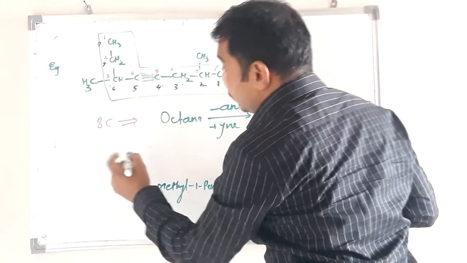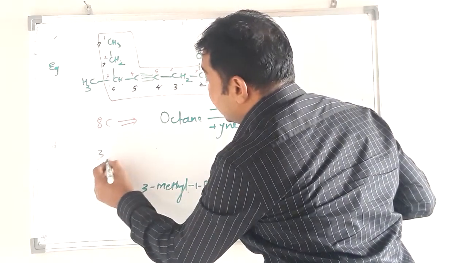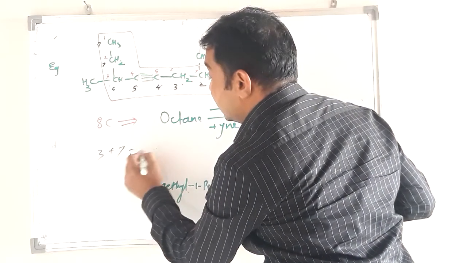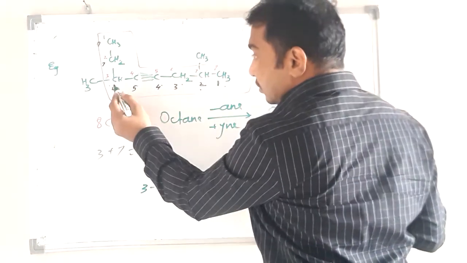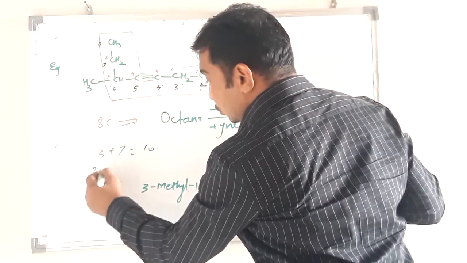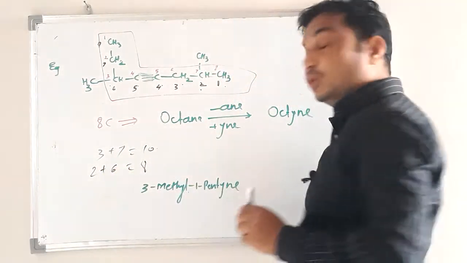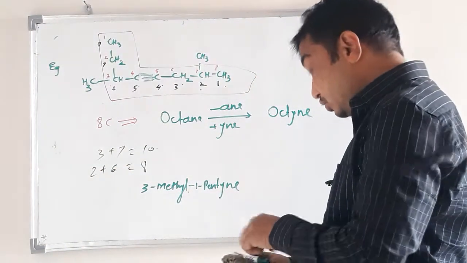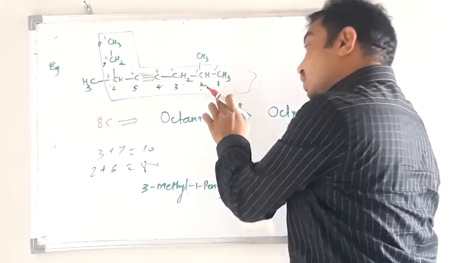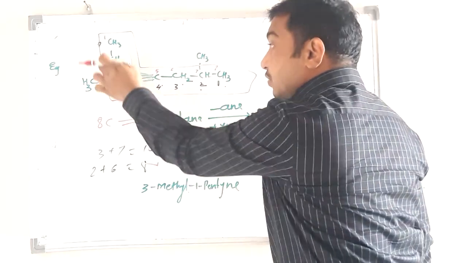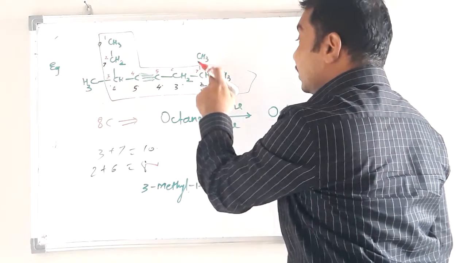From one side the substituents get 3 and 7, sum 10, and from the other side they get 2 and 6, that is 8. Which is lowest? We have to select the lowest. So numbering from this side, 1, 2, 3, 4, 5, 6, 7, 8, is correct, and the other is incorrect.